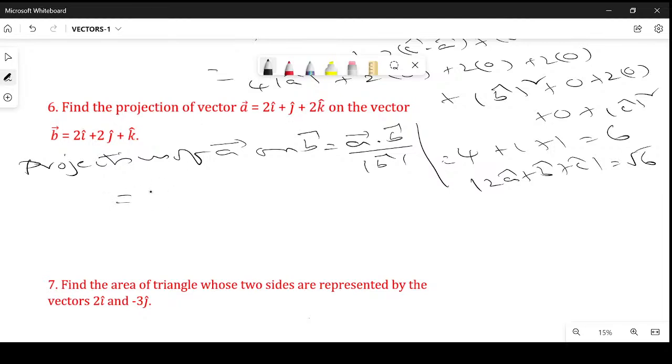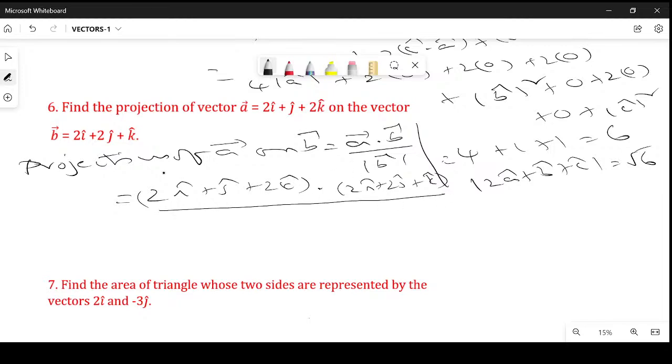2i cap minus j cap plus 2k cap dot 2i cap plus 2j cap plus k cap, by magnitude mod b bar, mod of 2i cap plus 2j cap plus k cap. This is a simple one only.